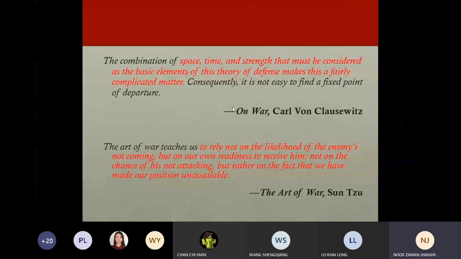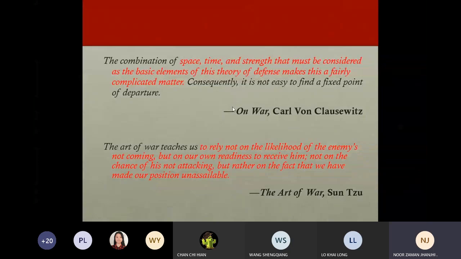So what is it saying? The Art of War teaches us to rely not on the likelihood of the enemy not coming. So we may not think that enemies are not coming, our machine is not under attack, our organization is not under attack, we are safe. If we are thinking like this, we are making a mistake.